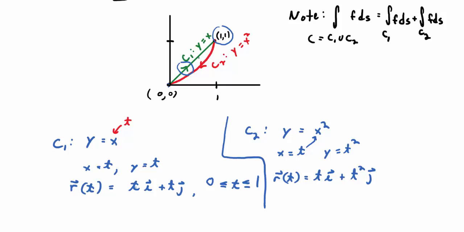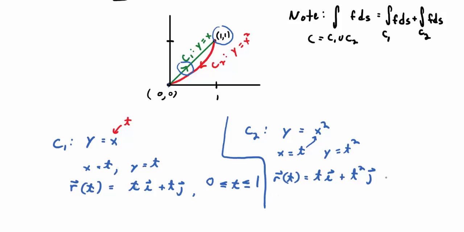But it turns out that it doesn't actually matter that you go in the direction of orientation for a line integral. This is called a line integral with respect to arc length. For a line integral with respect to arc length, it really doesn't matter if you go in the direction of orientation. So you go with the easiest parameterization you can think of. It really doesn't matter which direction the curve is traversed in. Later on it will matter when we talk about a line integral of a vector field. So keep that in mind.